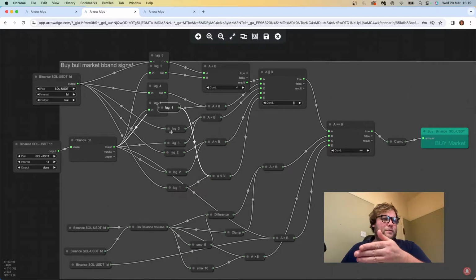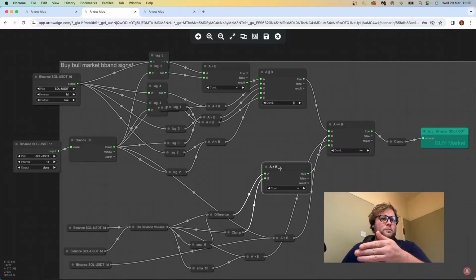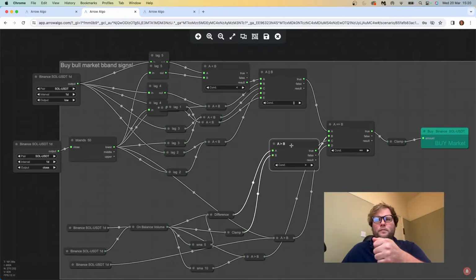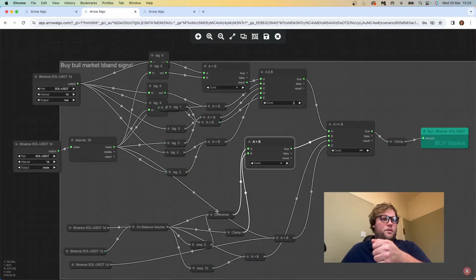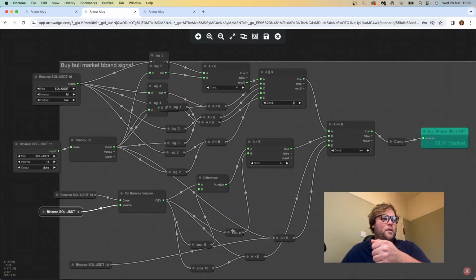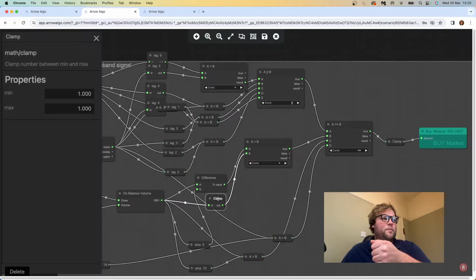For our second condition, again, we've got a comparison block. We are looking at the difference between the on-balance volume on the daily chart, and we are checking whether it is above the value in this clamp block.